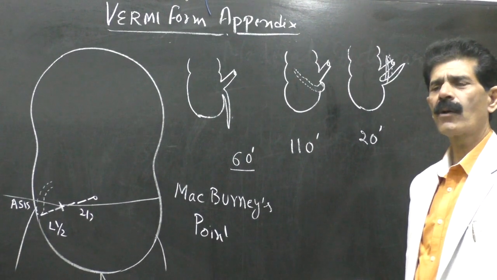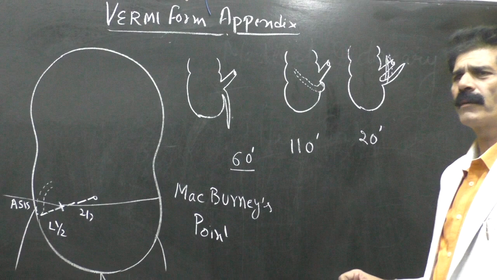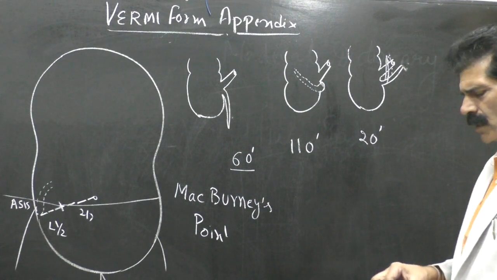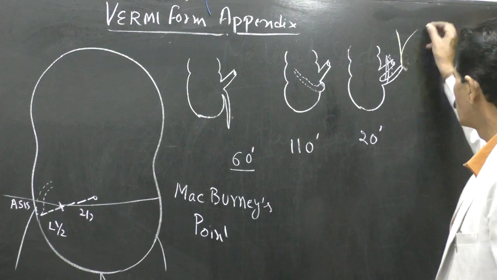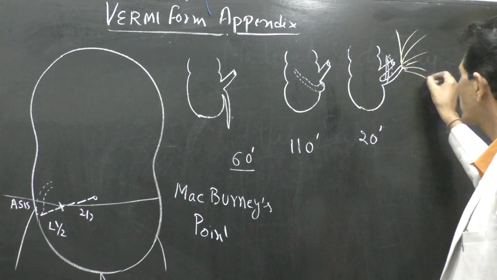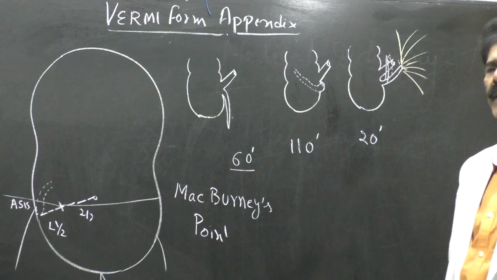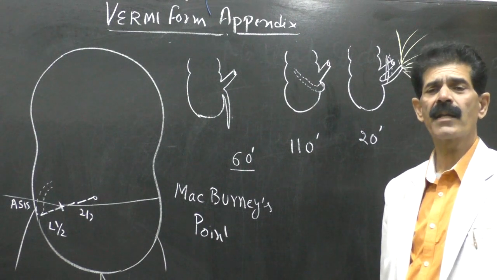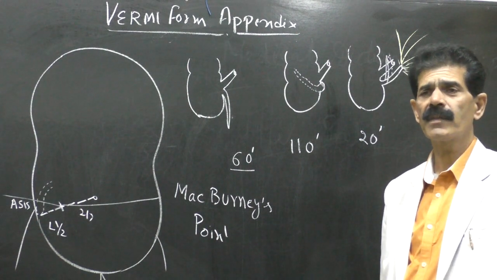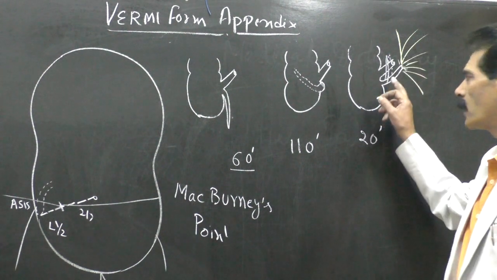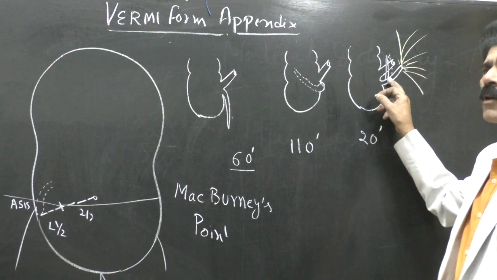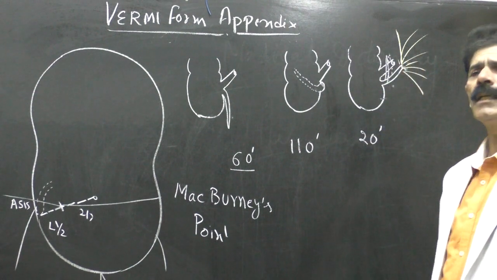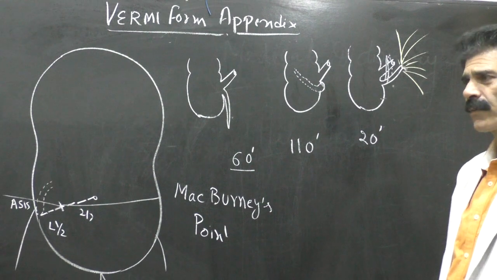It is called dangerous because whenever there is a rupture of the appendix, the infected material spreads to the whole of the greater sac or whole abdominal cavity and causes generalized peritonitis, which is a life-threatening condition. A patient may die because of it. If it is post-ileal, it will cause only local peritonitis. But in the pre-ileal position, it goes to generalized peritonitis.